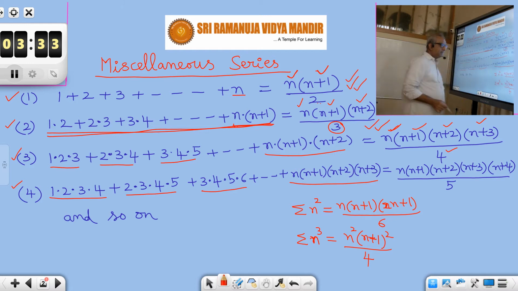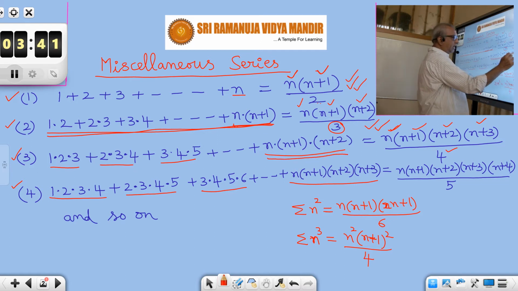In the third formula, the last term is n into n plus 1 into n plus 2. So on the right hand side we write all 3 factors, and another factor extra, n plus 3, divided by 4, the number of factors in the numerator.